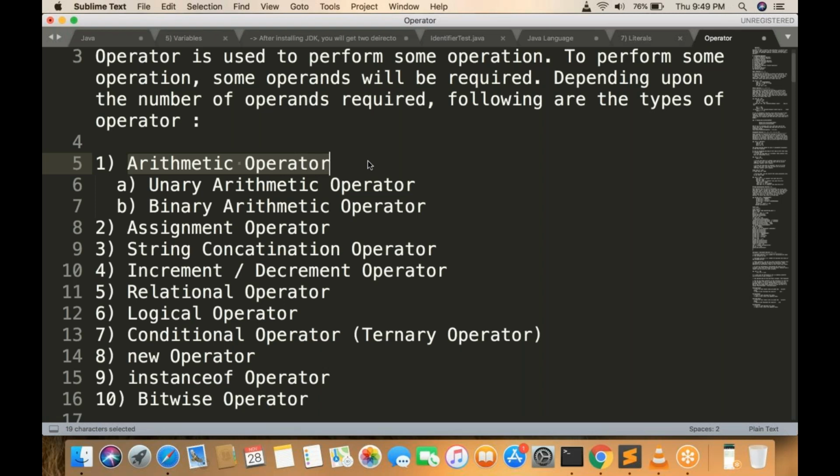Whenever you apply the unary operator to the operand, the result type is always int or wider than int, not lower than int. If the operand type is int or lower than int, the result type would be int; otherwise the result type would be wider than int. We'll see that, don't worry.